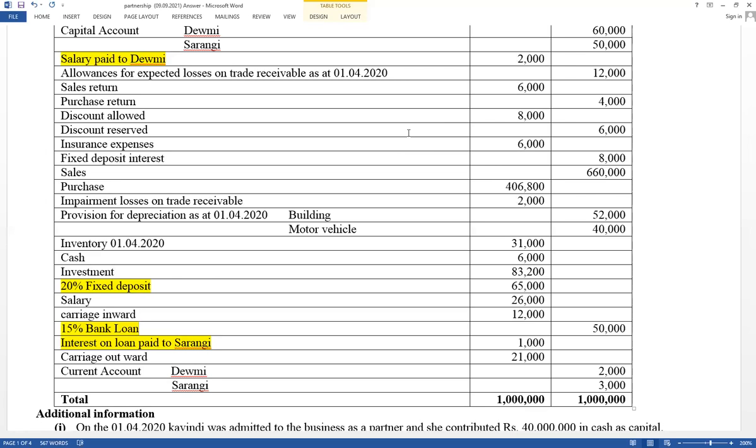Try to recognize the business also. It may be a service business, it may be a trading business. Sometimes manufacturing and trading partnerships are given, incomplete partnerships. Sometimes manufacturing, trading, incomplete partnerships are given. Therefore, very, very important. Right. Think about additional information.